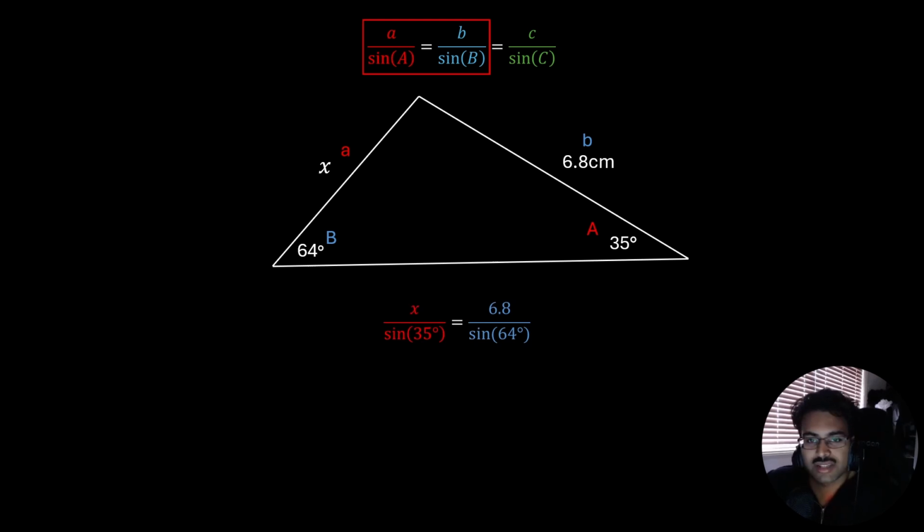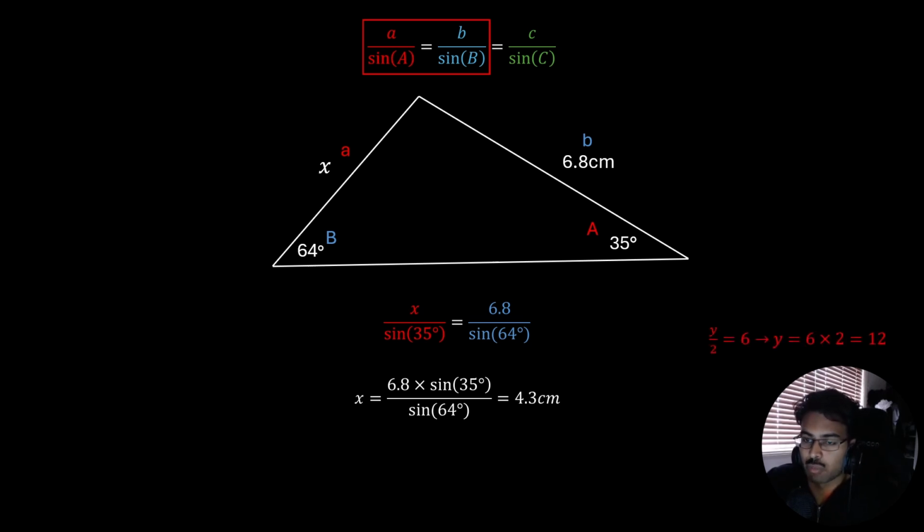So we get x over sine 35 equals 6.8 over sine 64. And then we can bring this sine 35 up to the other side. So it becomes 6.8 times sine 35 over sine 64 equals 4.3 centimeters to 1 decimal place.